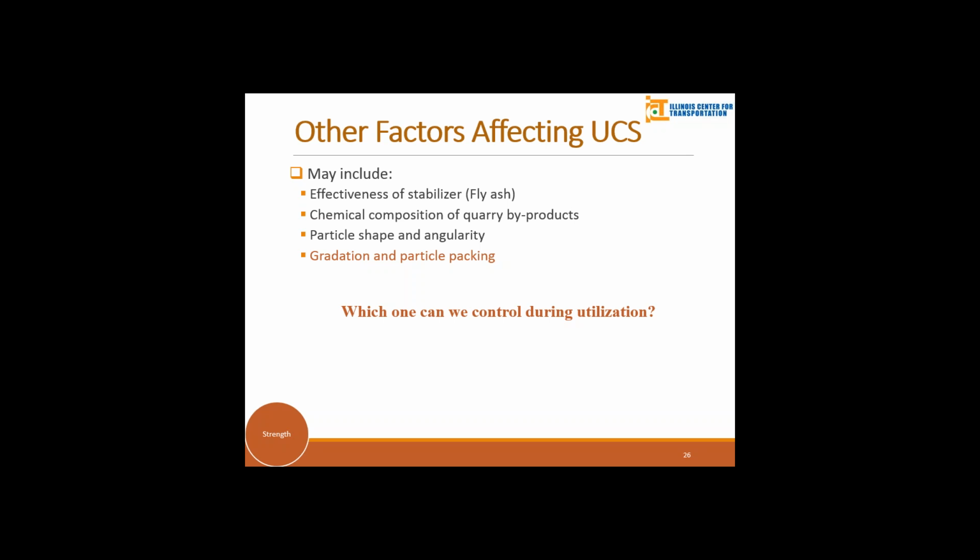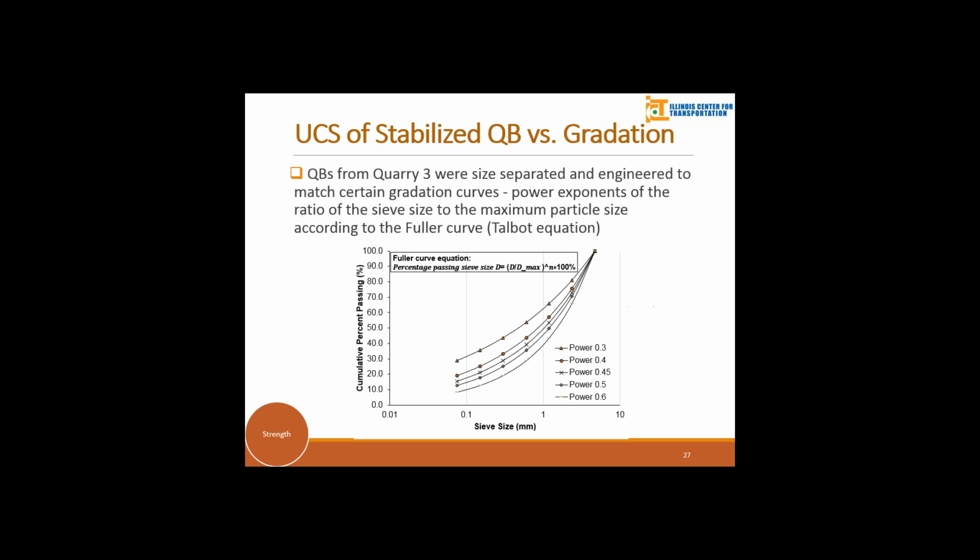But if we think of the things that we can control during our utilization in the future, we think gradation and particle packing might be the most important thing. So we conducted further tests to study the gradation and strength relationship.